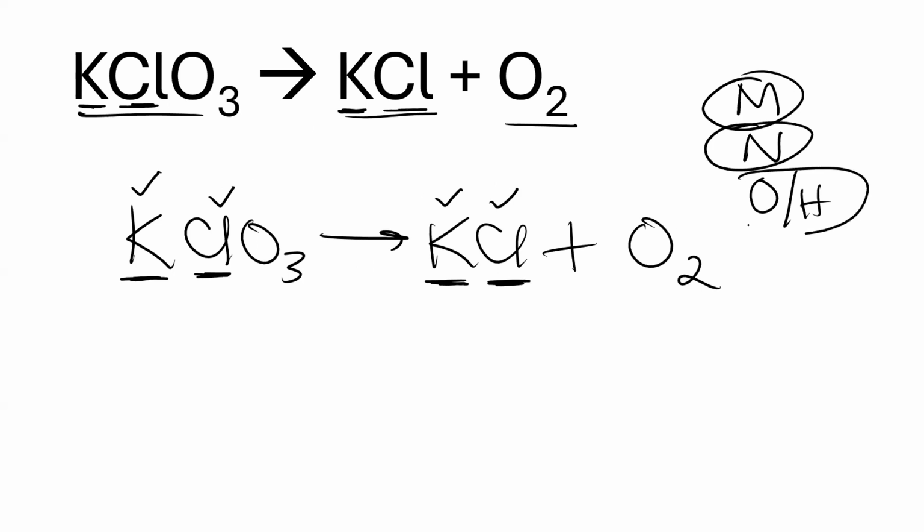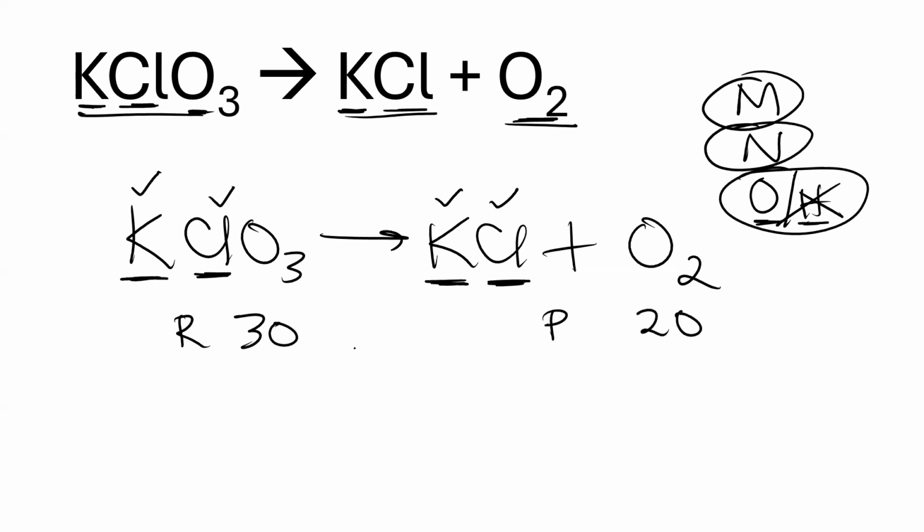Then we proceed to the third step, the oxygen or hydrogen. We don't have hydrogen, so we leave it at that. And we only have oxygen atoms to balance for this particular equation. So on the reactant side, we have 3 oxygen atoms. And on the product side, you have 2 oxygen atoms.